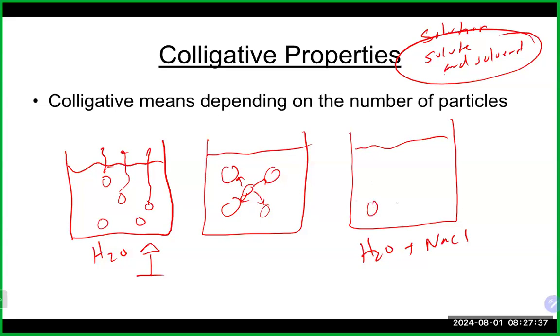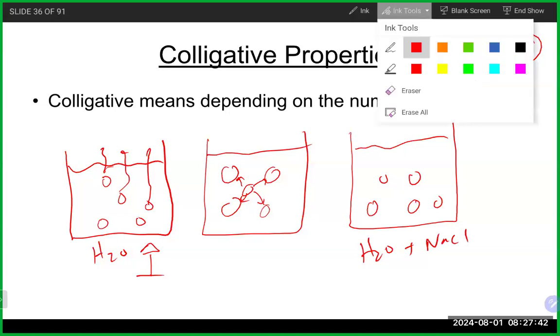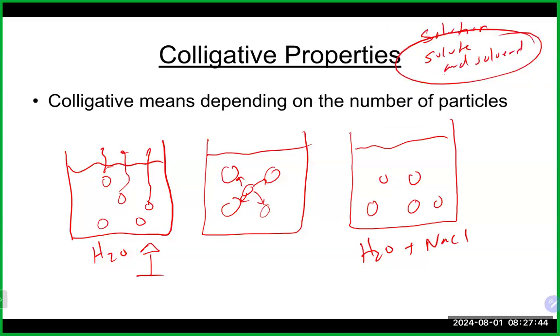So we have some water molecules there, but now with the presence of the sodium chloride, I'll represent that by blue circles. So we have some blue sodium chloride in there. What happens is we now have a lot more particles floating around in the solution.